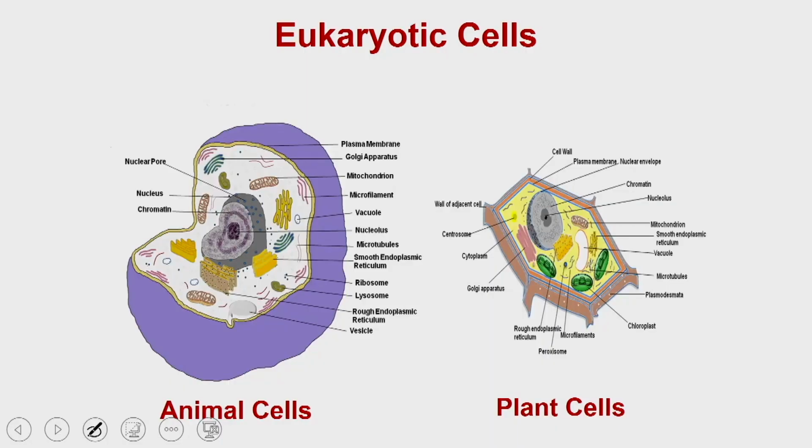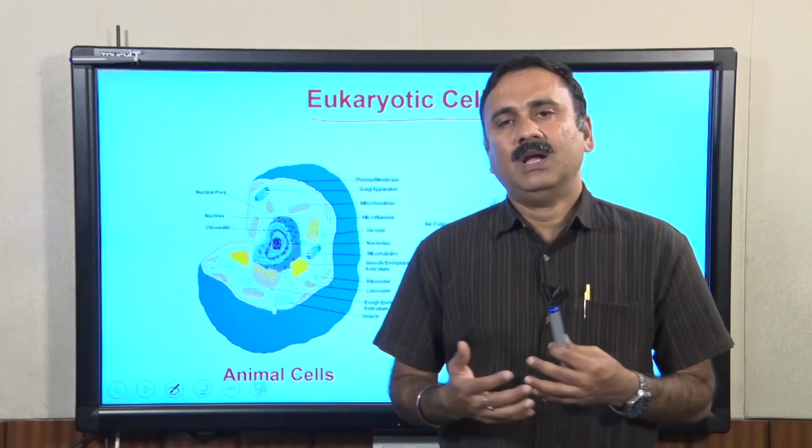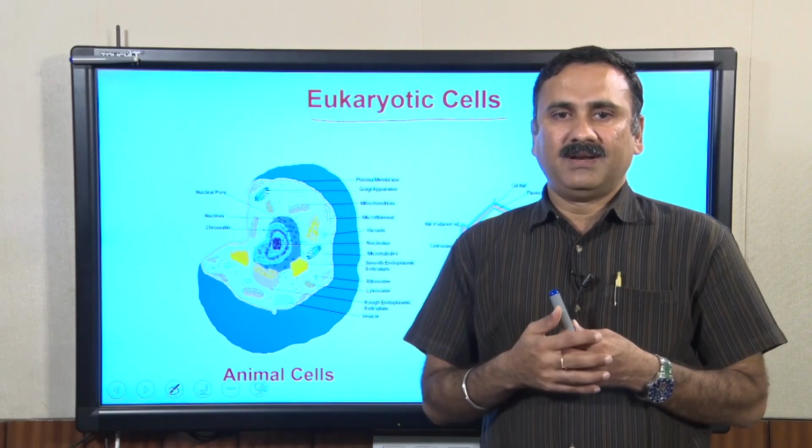Now, talking about the eukaryotic cell, as we discussed previously, eukaryotic cells are much more complicated compared to prokaryotic cells, and they contain well defined membranous organelles.